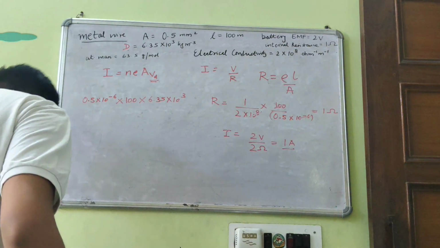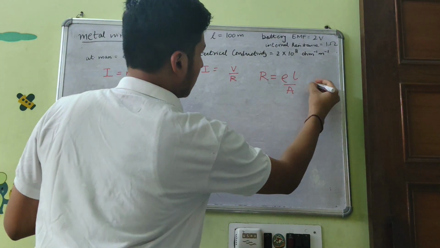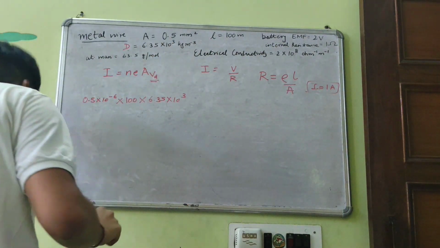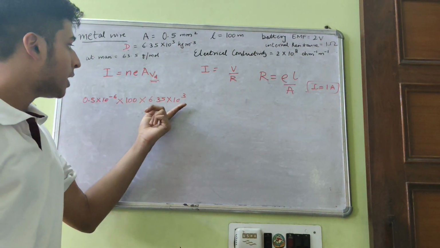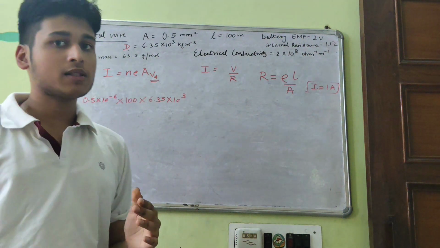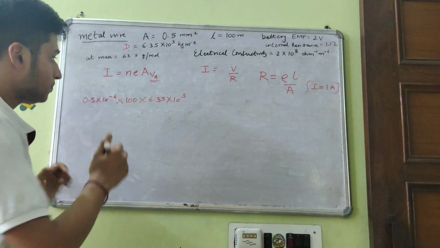We found out I equals 1 ampere. Now, area of cross section into length is volume multiplied by density. This is the mass of the wire. If we divide it by the atomic mass, we will get how many moles of this material is.